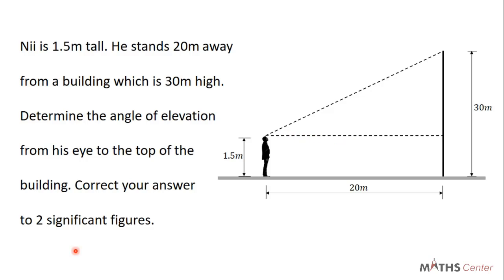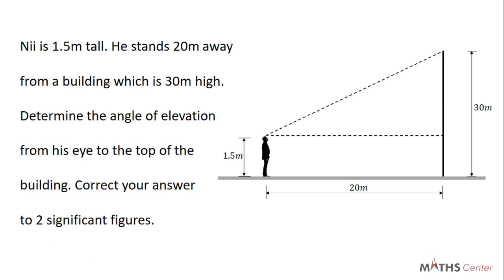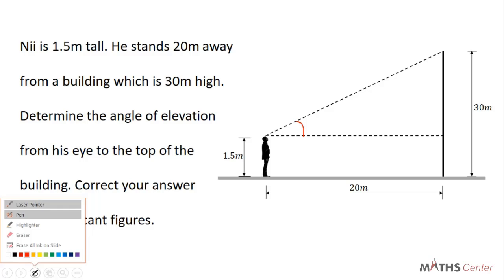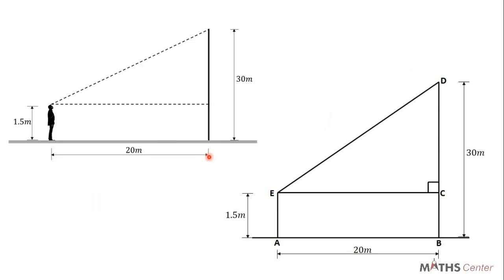So the angle of elevation from his eyes to the top of the building will be this angle here. That is what we are interested in. That is the angle we want to find. Okay, so I'm going to draw a simple diagram here for this.